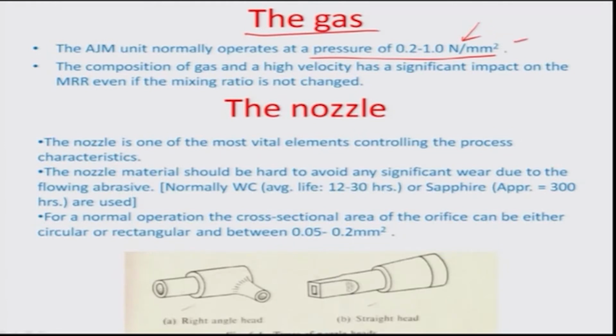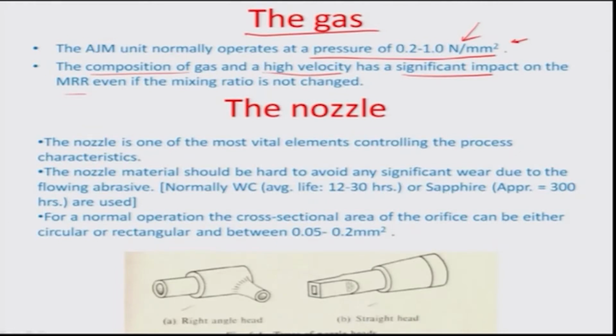This is a very high level of pressure that is being used to create this jet or this velocity, and the composition of the gas also has a great impact on the MRR, and so does the velocity of the gas, for obvious reasons, that higher velocity means higher momentum delivery.